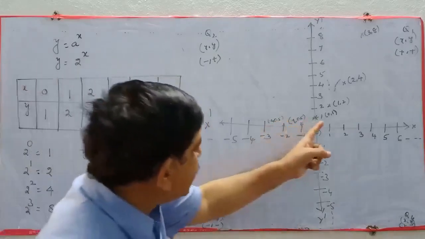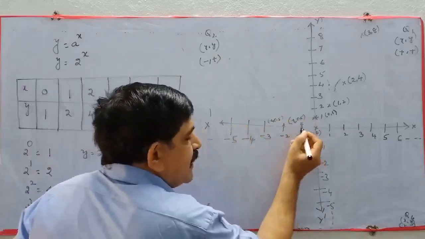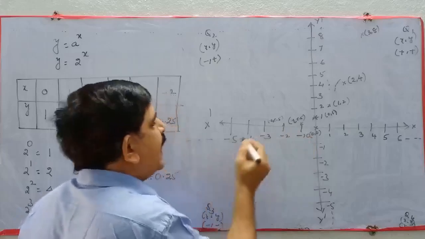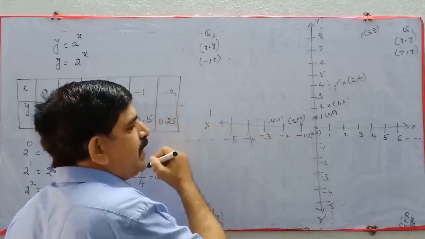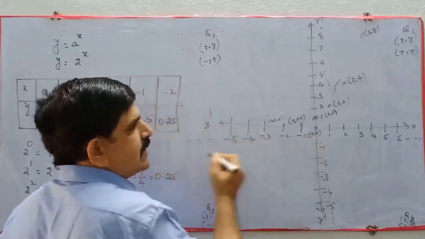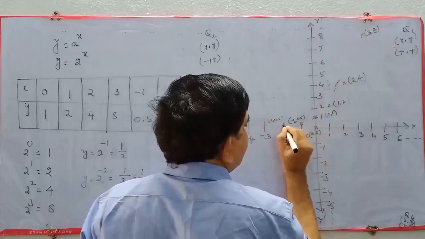So if you take the different values of x, the value is in decreasing order. Which value is in decreasing order? The negative x-axis value is in decreasing order. Okay, but it never touches the x-axis. Suppose if you join all the points, what do we get? See here.